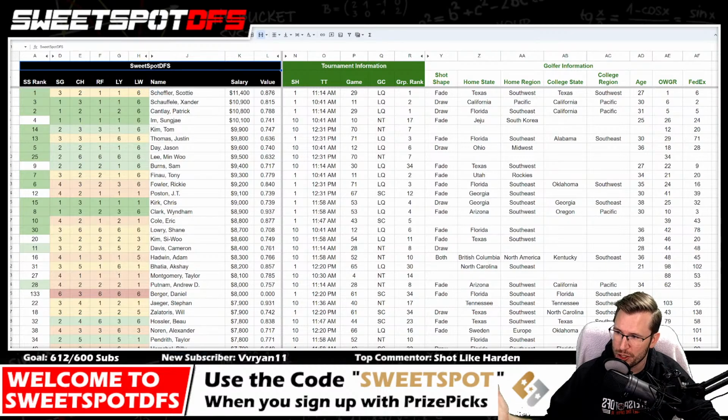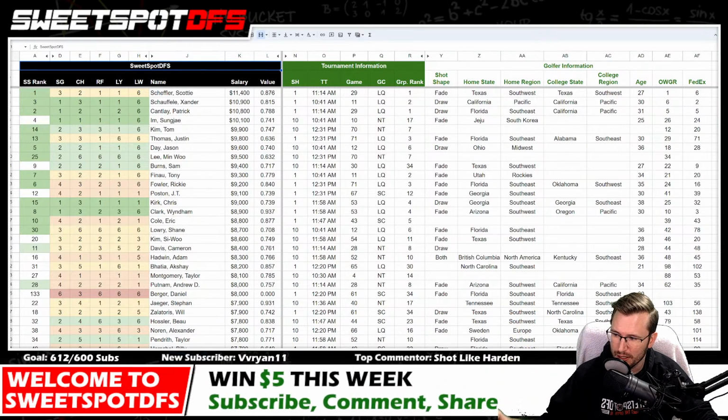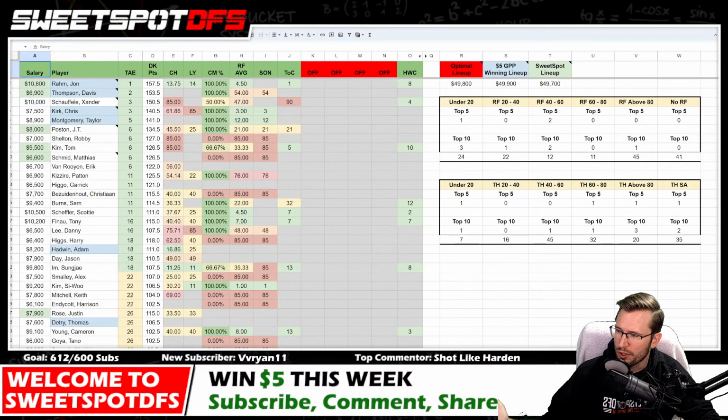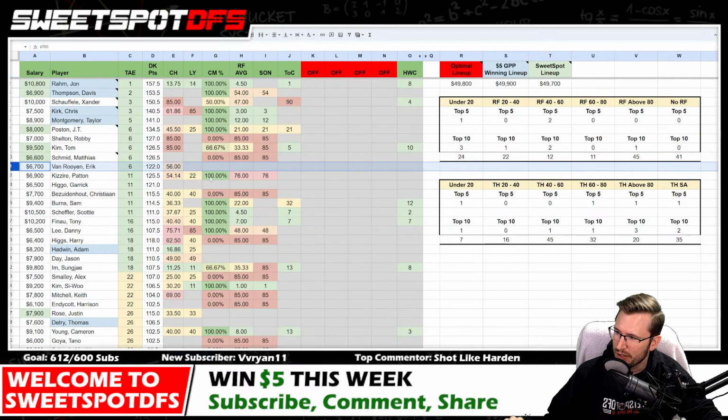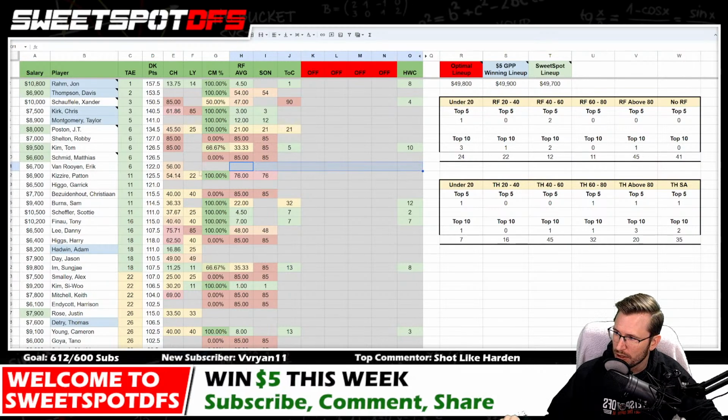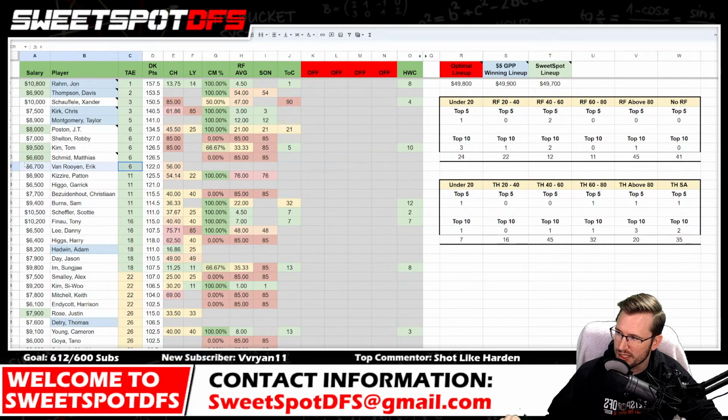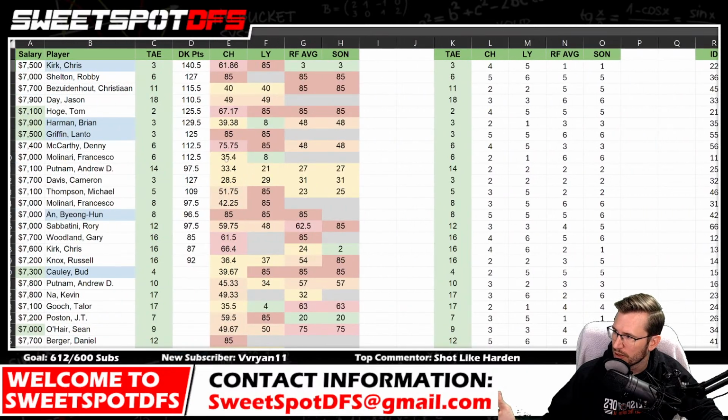So it's worth mentioning because this is the grand idea, to be able to analyze by bucket combination. So when I go to 2023, what does a last week 6 and a recent form 6 look like? That's Eric Van Rooyen. You see he has no tournaments leading into the American Express, yet he finished 6th. So he actually shows up on that bucket combination.